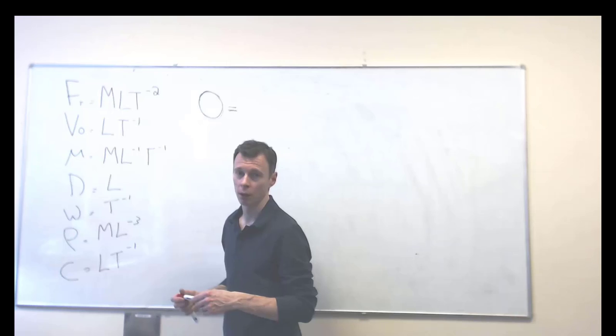Okay, we work out the other pi groups in this. We get something slightly different than we did before. They're all still dimensionless, so don't worry. So that one stays the same. These next two are slightly different.